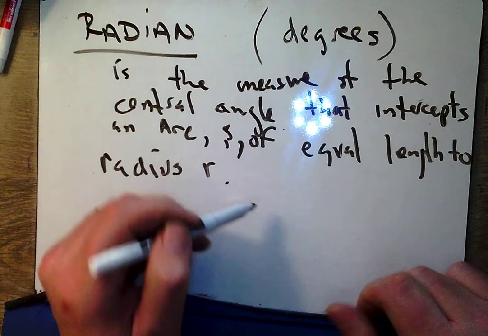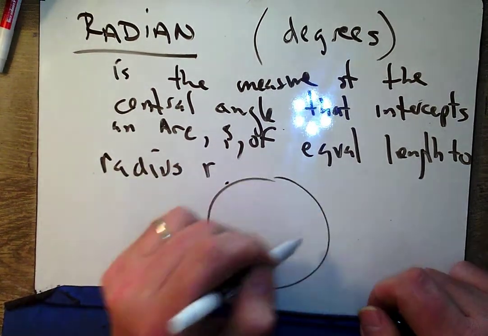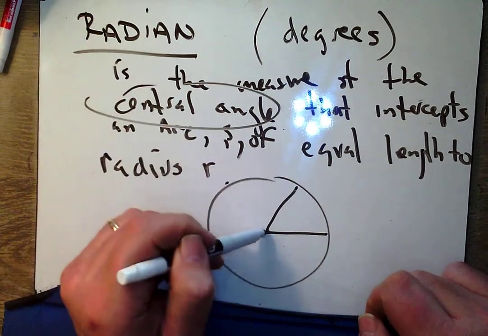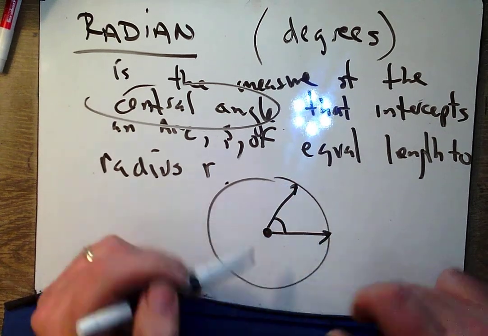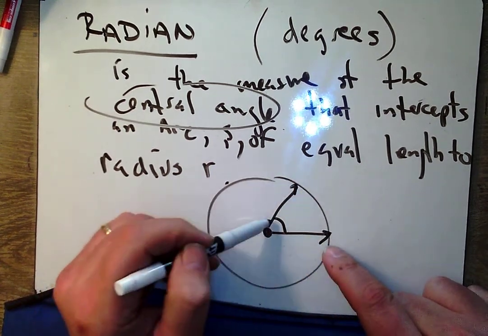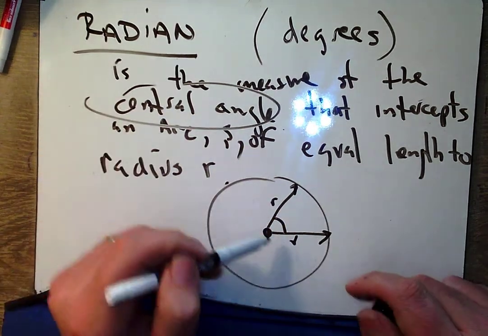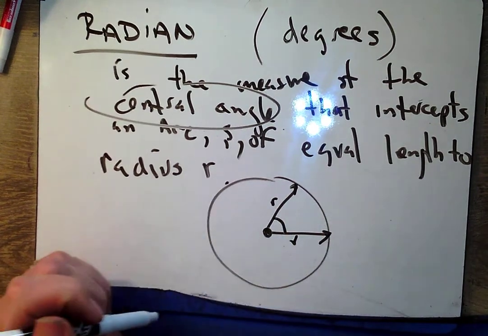Well, so they're saying to me that I've got this circle, and a central angle is an angle whose legs are radii. That's what a central angle is. Legs are radii. Its vertex is always the center of the circle.